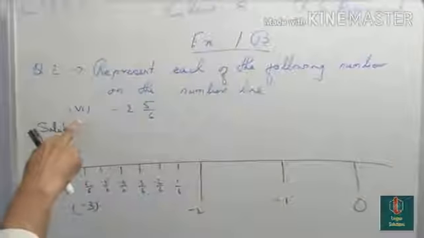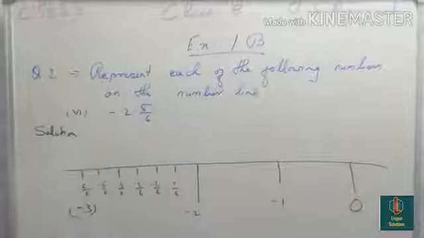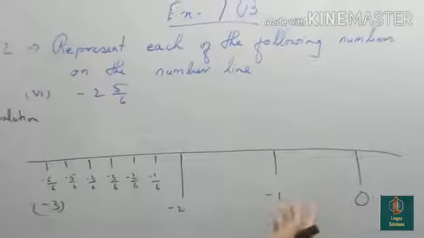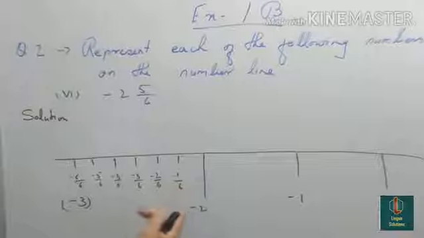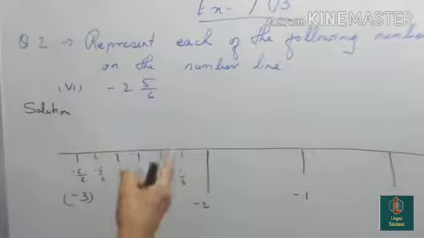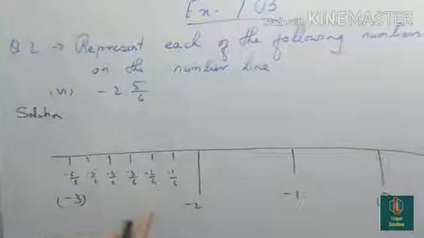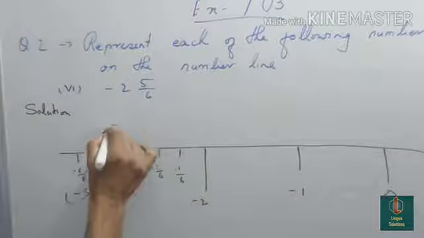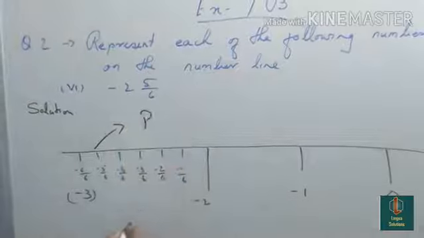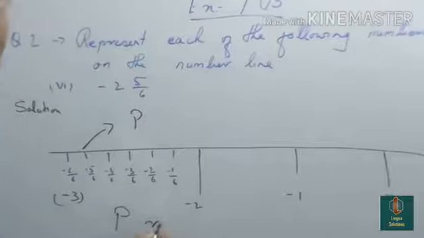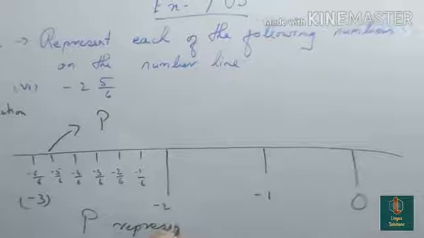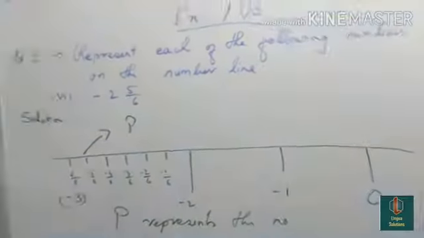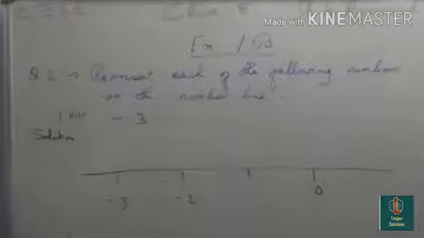Our next number is -2, 5 by 6. Here is a number line 0, -1, -2, -3. The number 5 by 6 will be in between -2 and -3. So 5 by 6 is here, mark it as P. So P represents the number. In next we have to show -3.